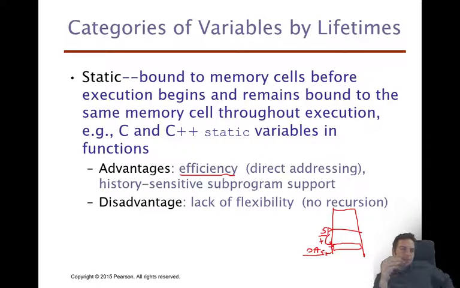It can also be an advantage when you're doing function calls. If you want to keep track of the history of a value between consecutive function calls, you might want to use static variables with a static lifetime. For instance, random numbers and the string tokenization function strtok in C++.